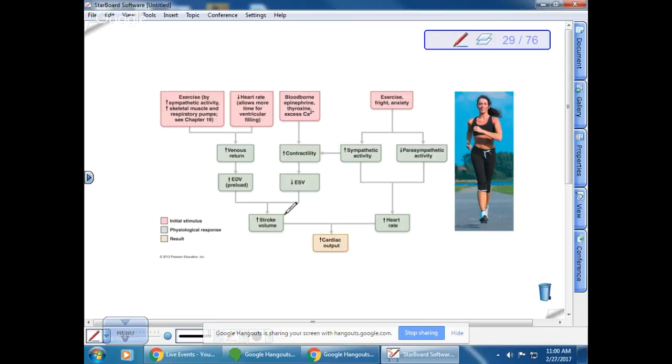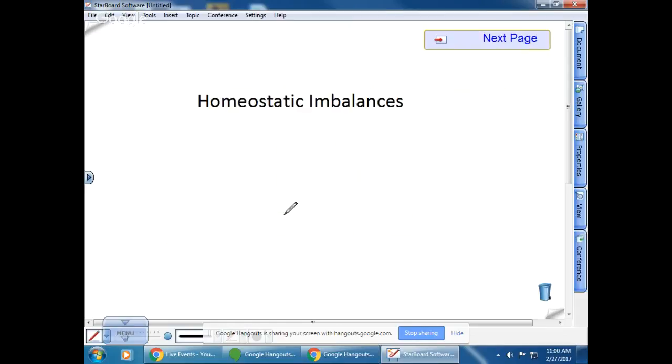Now, sometimes people can have some heart disease that affects their cardiac output. And so we can have what is called congestive heart failure.